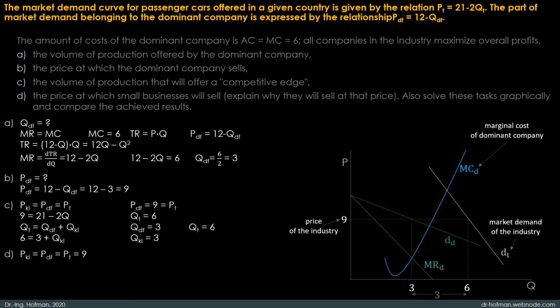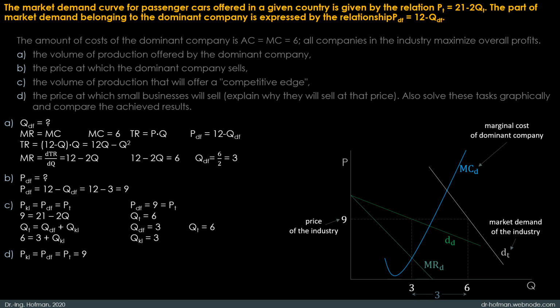The last question D: determine the price at which small businesses will sell, explain why they will sell at that price, and also solve these tasks graphically and compare the achieved results. We know from the theory that, as said before, the price of the competitive edge is the same as the price of the dominant company, which is the same as the price of the market. We can read it also like this: the dominant company is giving the price and the other smaller companies have to follow this price.